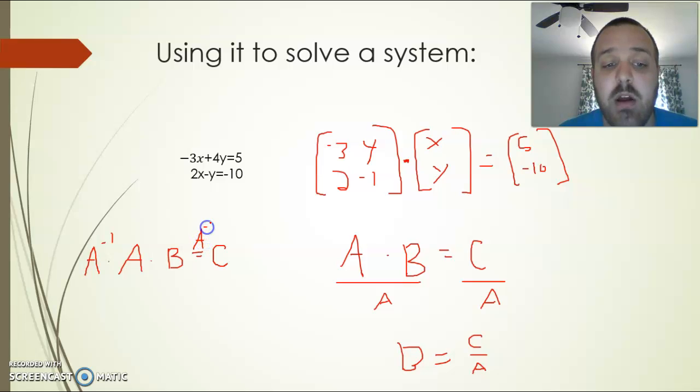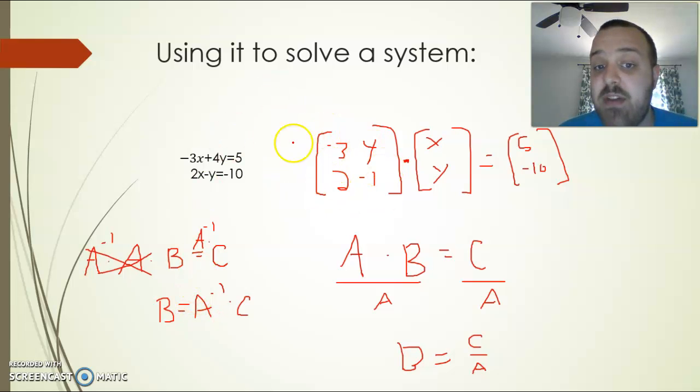And if you remember, matrix multiplication has to be done on the same side because it is different if you flip the side, it's not commutative. But if I multiply by the inverse, that's going to make this cancel out, and that's going to give me my answer, which is that A inverse times C is going to give me the answer to my problem.